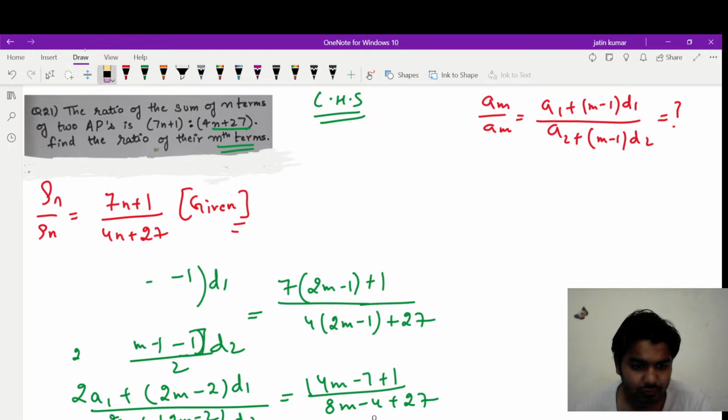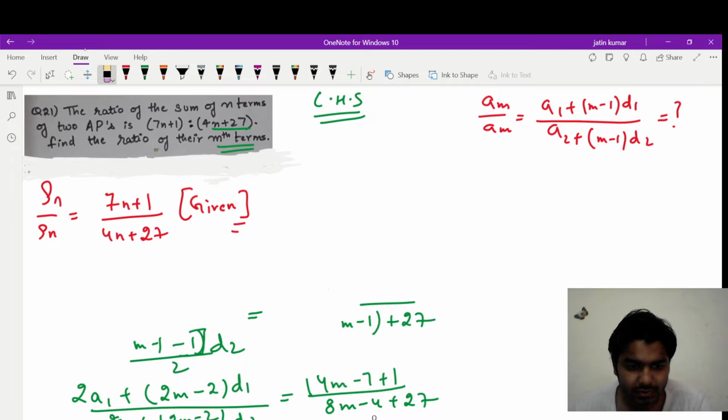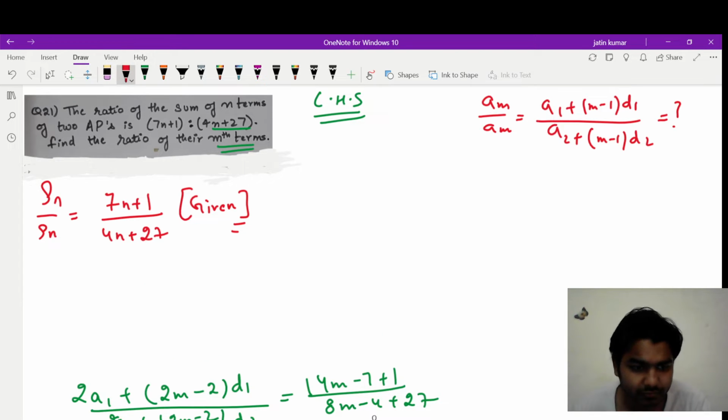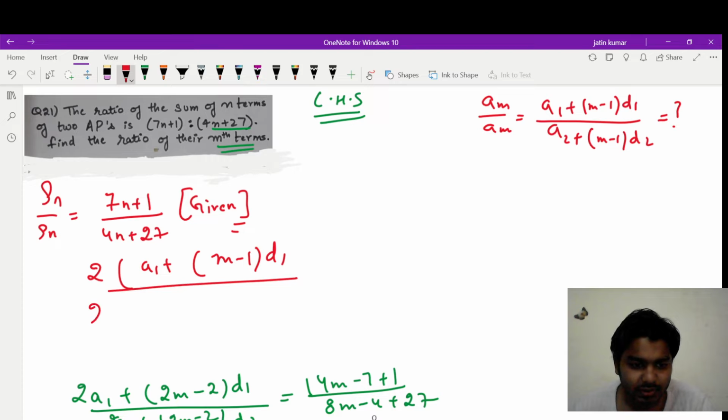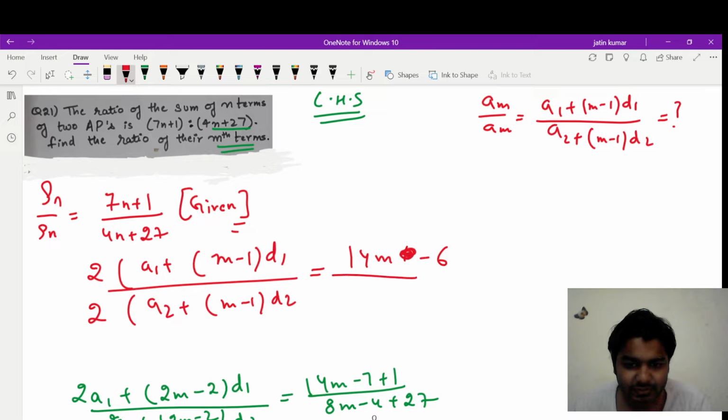Now on solving it further, let's take 2 common on the left hand side. We are left with (a1 plus (m minus 1) d1) upon (a2 plus (m minus 1) d2), and on the right hand side we get (14m minus 6) upon (8m plus 23).